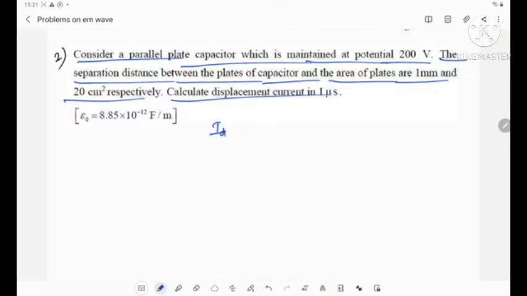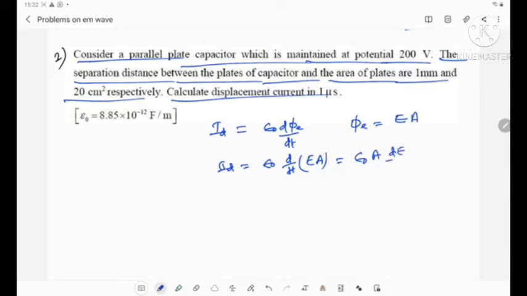Here displacement current ID is equal to epsilon naught into d phi by dt. This is electric flux. But here electric flux is equal to E into A. Therefore, ID is equal to epsilon naught into d by dt of E into A. This becomes epsilon naught into A into dE by dt.